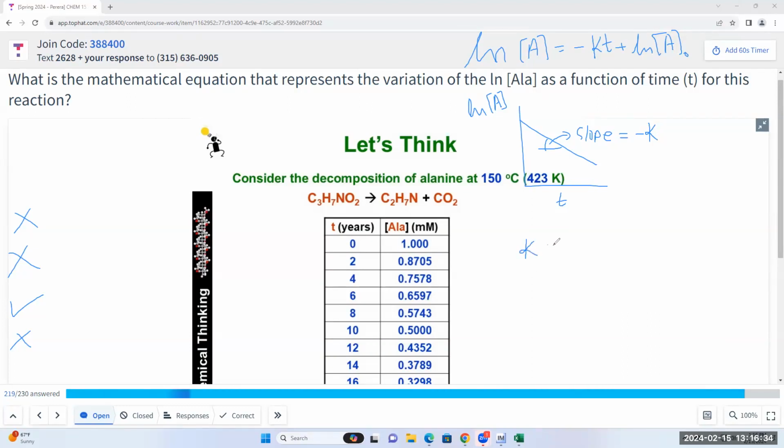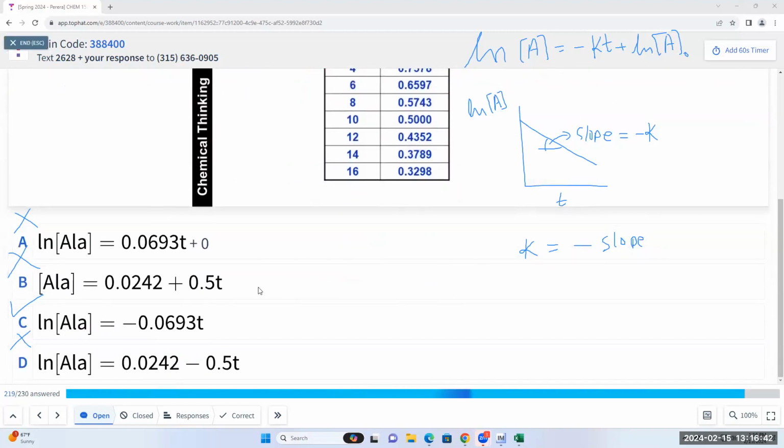So rate constant must be the negative of the slope, right? According to our answers, our slope is negative 0.0693. Therefore, our rate constant must be negative of negative 0.0693.